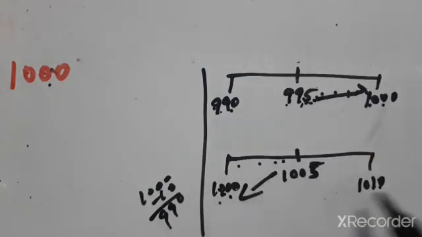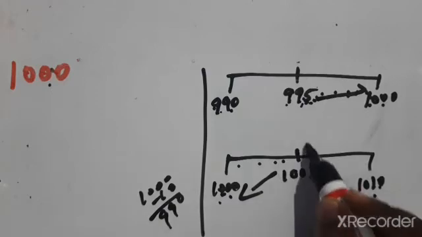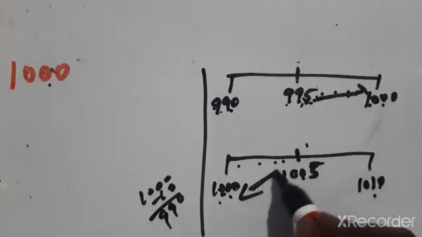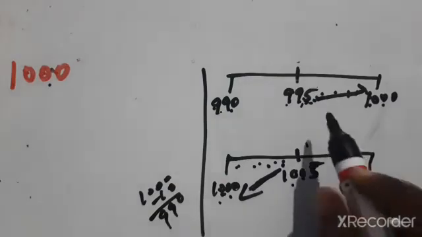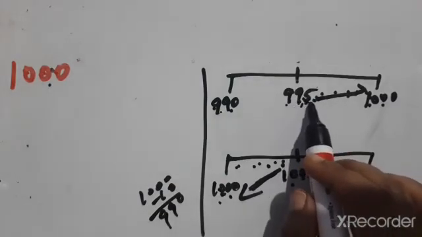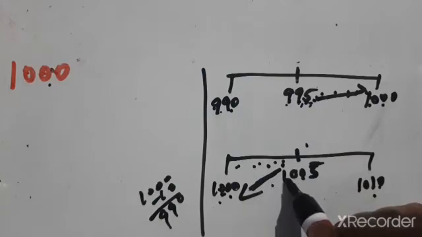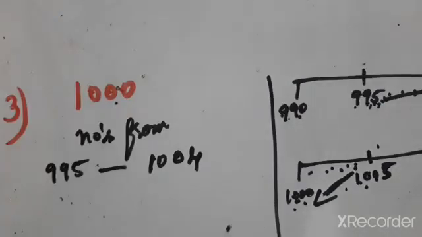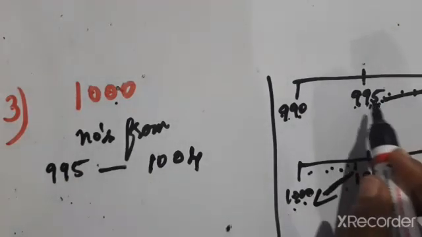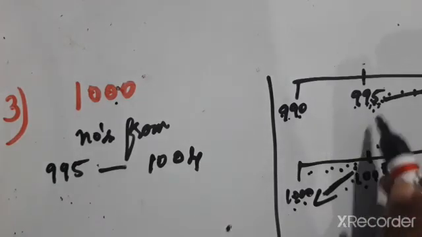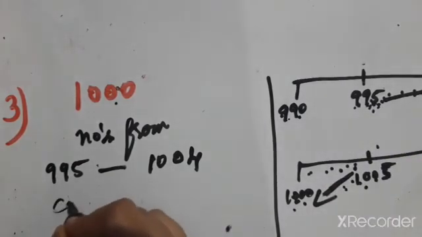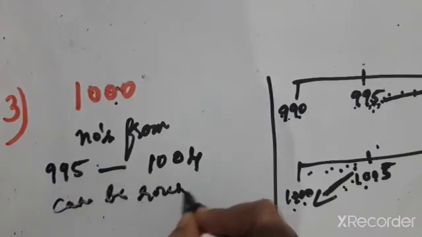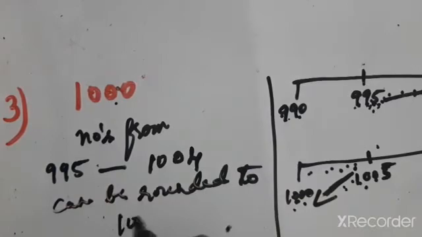Here, numbers between 1000 to 1010: the exact 5 is the middle, so 1001, 1002, 1003, 1004 are rounded to 1000, and 1005 rounds up. So numbers from 995 to 1004 can be rounded to 1000.